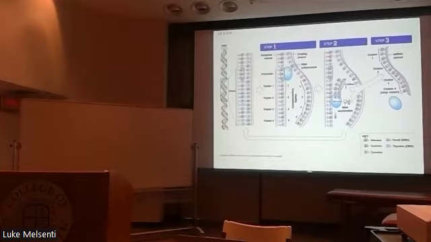Now that you've made the messenger RNA, it's going to look very similar to the coding strand, except what's going to be the difference? Right, you replace thymine with uracil.